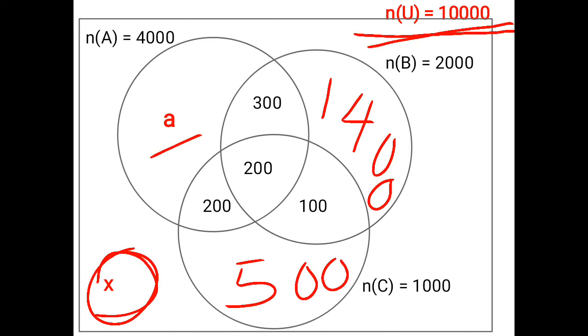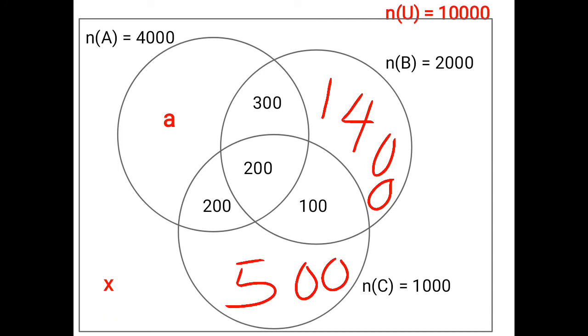In the previous lesson, we added everything in the circles and equated to the total because the complement was 0. So it means plus 0, right? So it's the same thing. But over here, the complement is not 0. We are looking for the complement. So we have to add everything and then we equate to the total given.